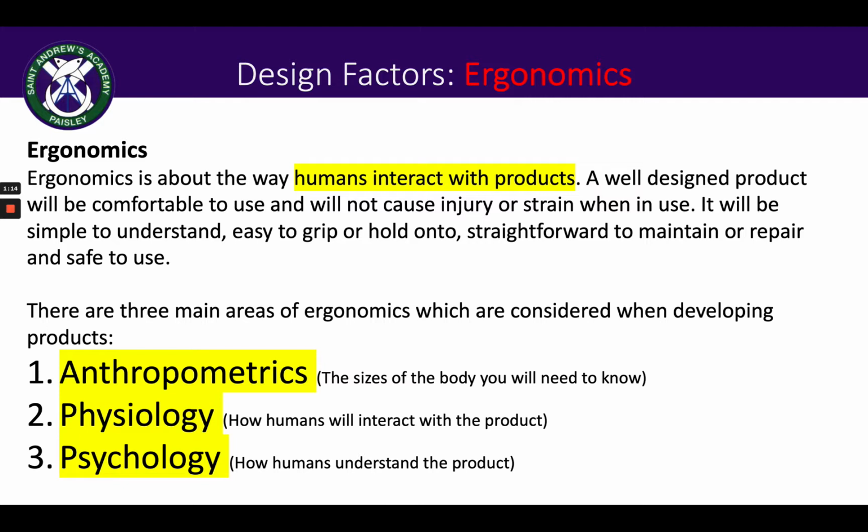The first one here is called anthropometrics. That is the sizes of the body that you'll need to know for the product. Part two, physiology, how humans will interact with that product. What will they be doing with the product? And lastly, psychology. How do humans understand the product? How it works, how to use it, etc.